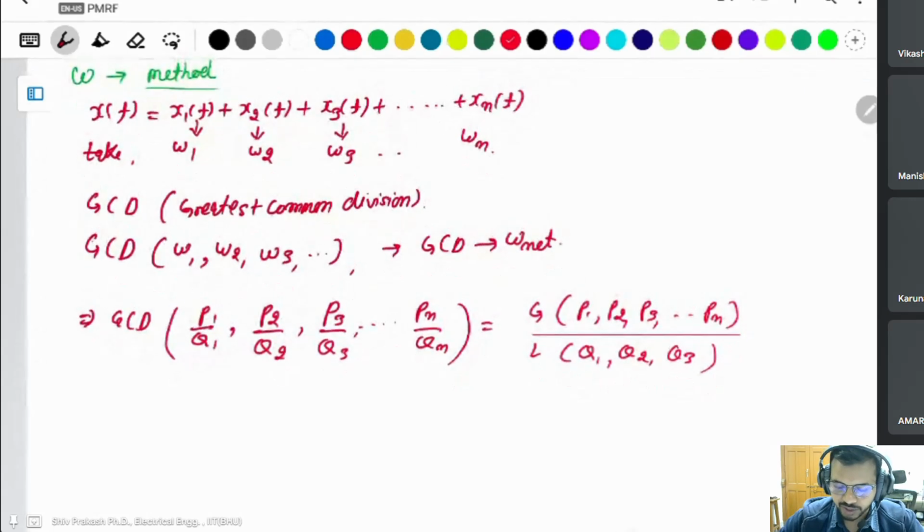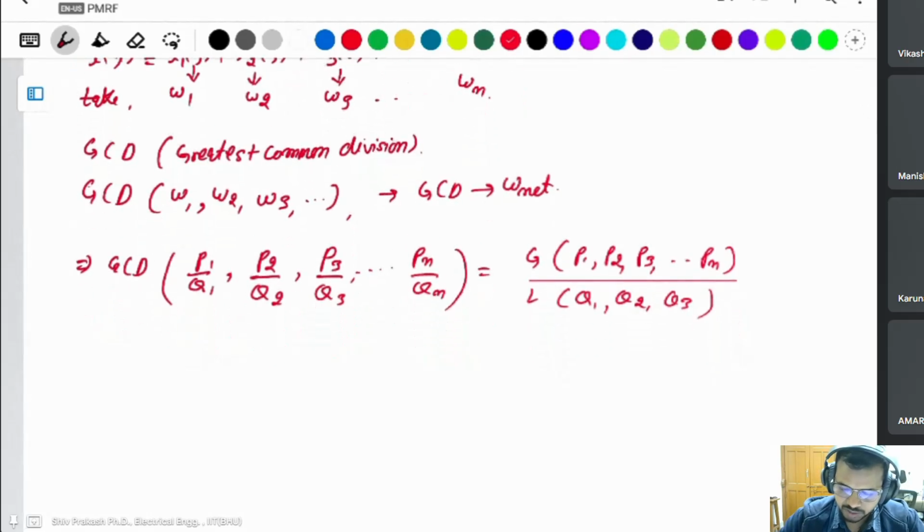In this process, you can find the GCD. Let's look at an example, then you can understand better.